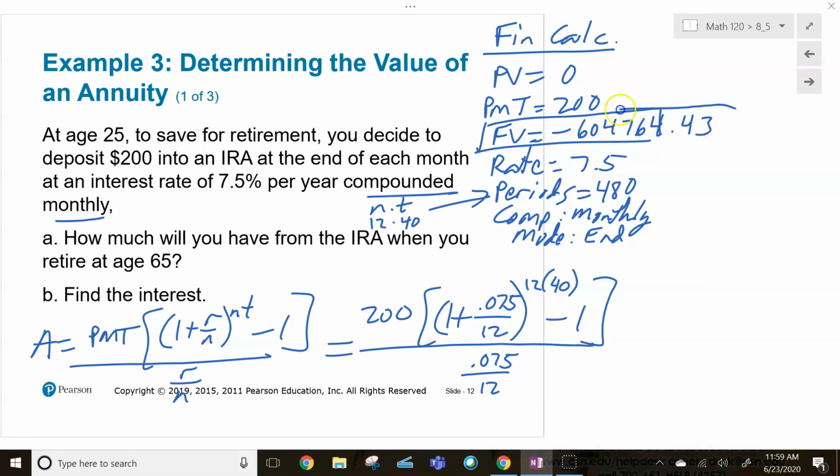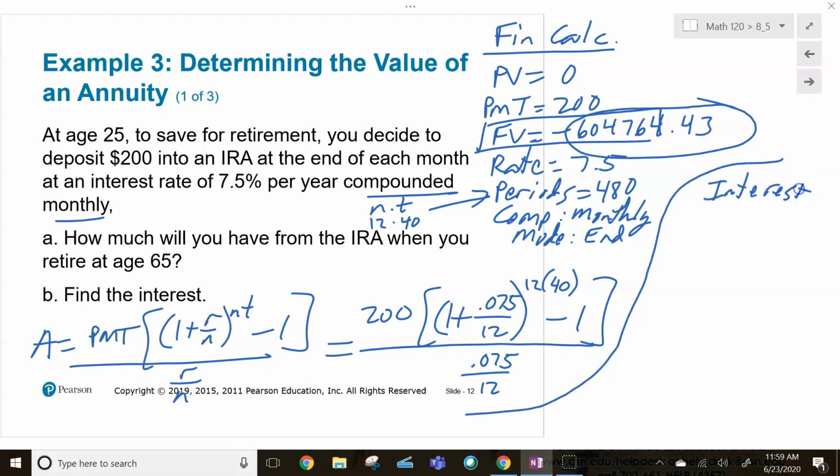Yeah, so that's how much money you have: 604,764.43. The second part says, well, how much of that is interest? Well, we ended up with 604,764.43.